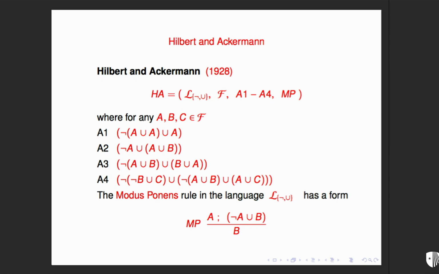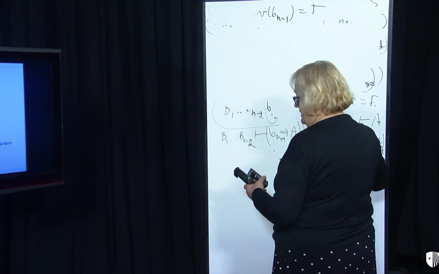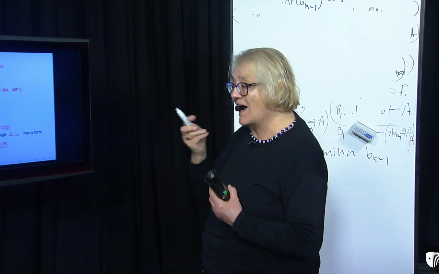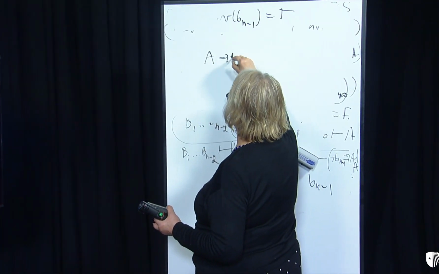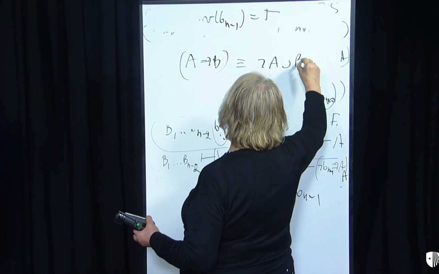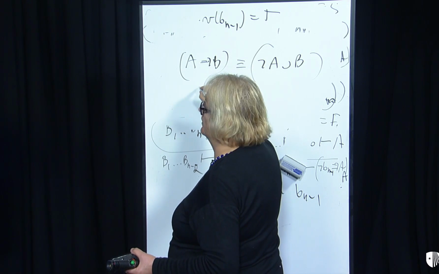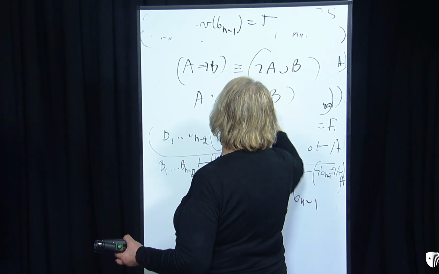Because we know that classical implication is logically equivalent to not A or B. So the modus ponens can be A, not A or B.